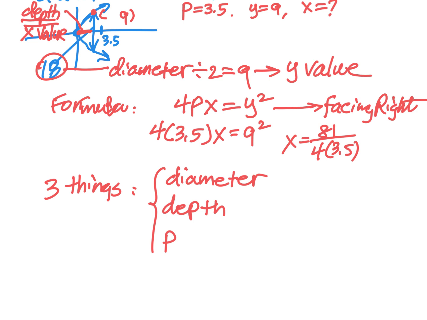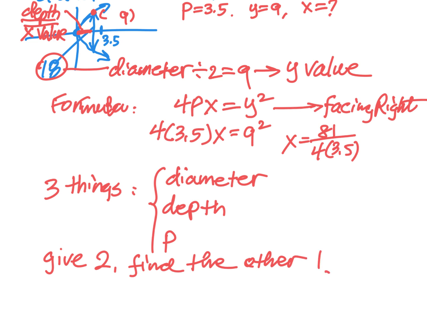So given 2, find the other one. It's always like that. The only thing is, if they ask you to find a diameter, make sure you find the x value or whatever y value depends on your graph. Make sure you multiply by 2. So that's the part.